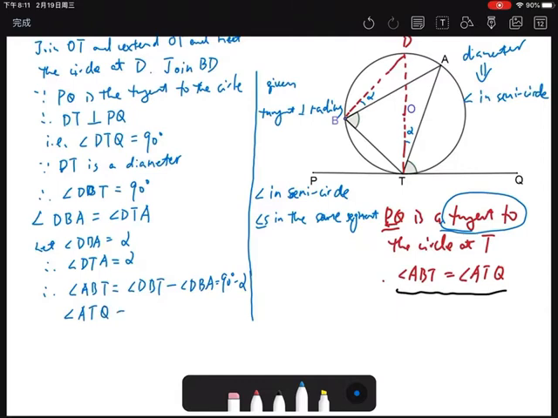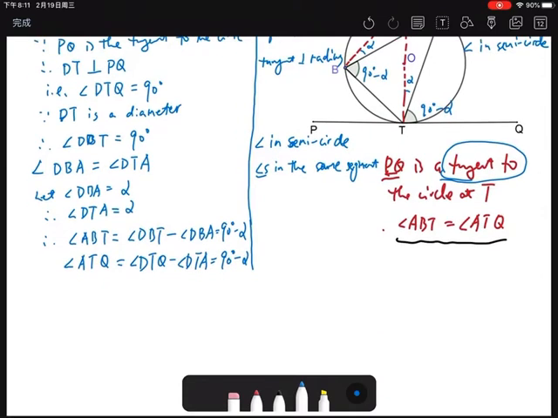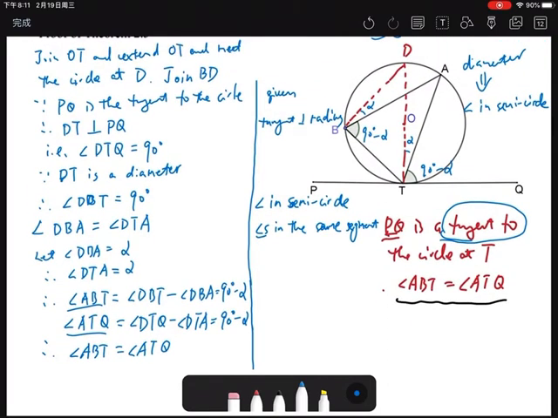And angle ATQ equals angle DTQ minus angle DTA, which equals 90 degrees minus alpha also. So you see that both of these two angles equal 90 degrees minus alpha. So angle ABT equals angle ATQ. This is the result of the theorem, so we prove the theorem.